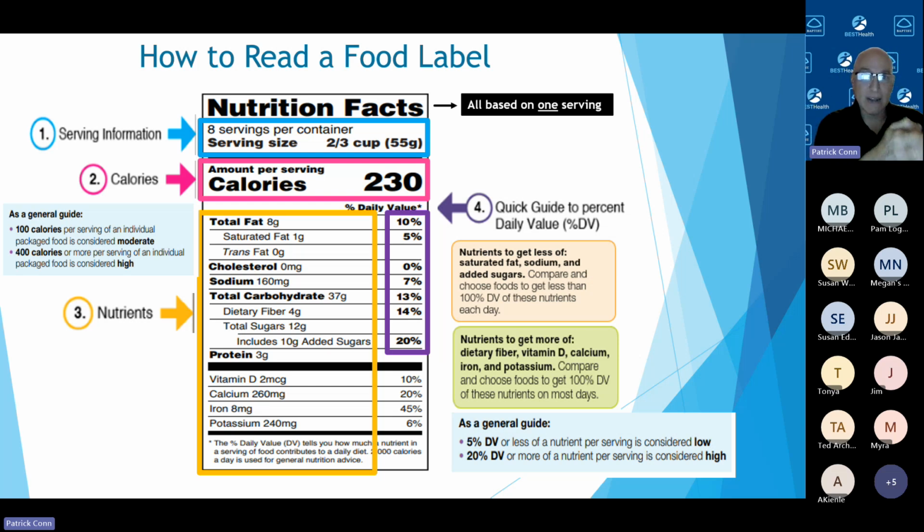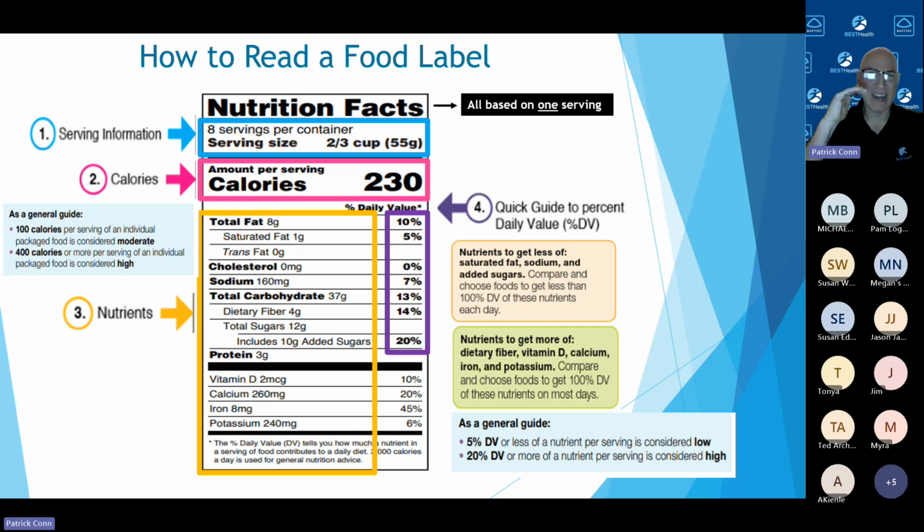Okay, now it's not listed on here as a general guide, but I will tell you 40 calories per serving of an individual packaged food is considered to be a low calorie food. So 40 low, 100 moderate, 400 really high.